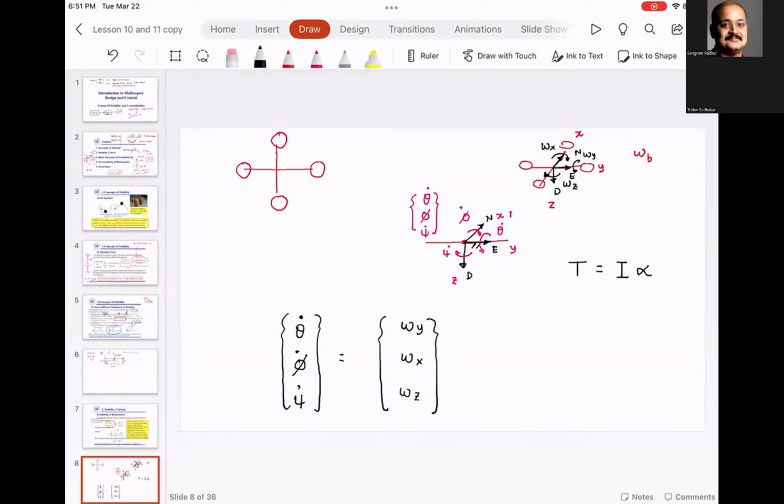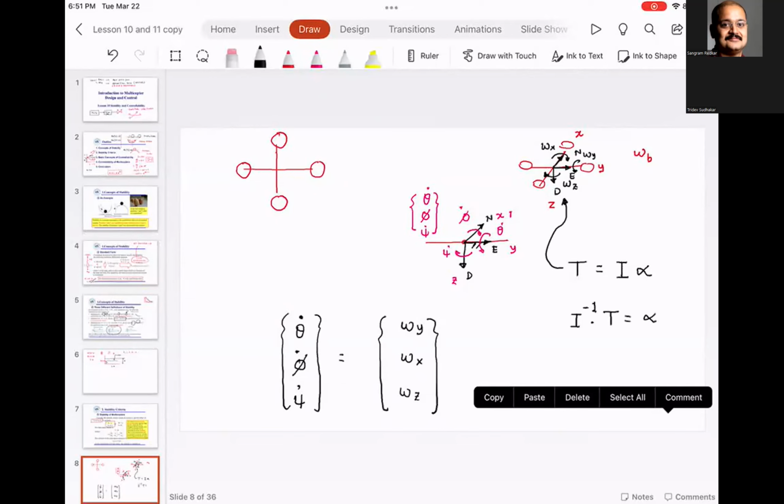This equation, torque, you cannot apply about the inertial frame. There is no torque about the inertial frame, so there is no point in doing that, but I can do torque about this. So I can say, and this is very important, I inverse multiplied by torque is equal to alpha. Do you agree with me?